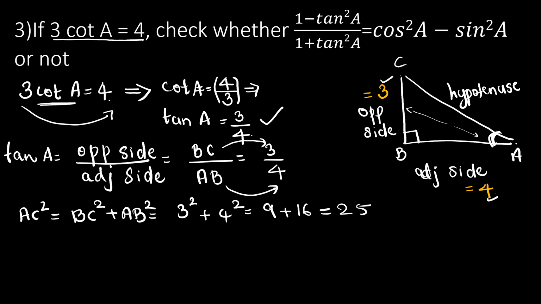Therefore AC square is 25. That means AC is root of 25, and root of 25 is 5. Now we got the hypotenuse AC is 5. Now we will see the LHS and RHS separately. What is LHS? 1 minus tan square A by 1 plus tan square A.